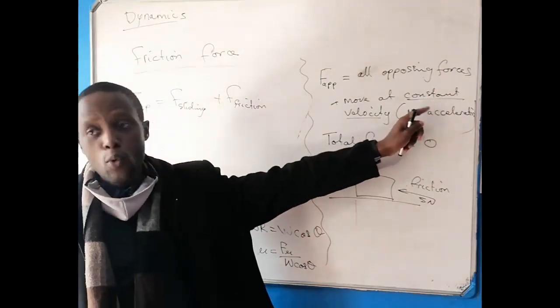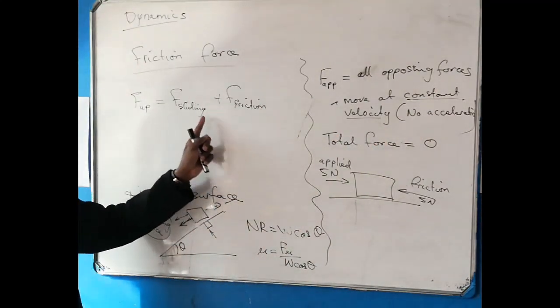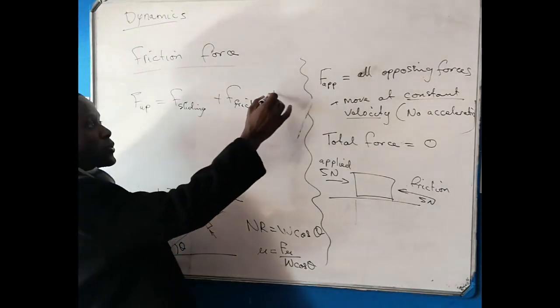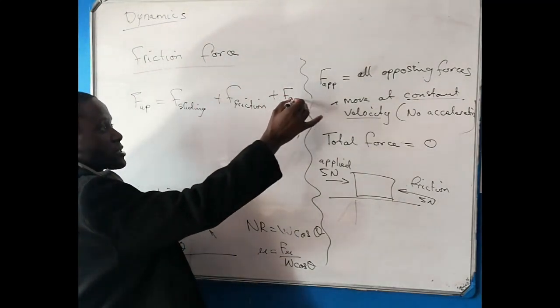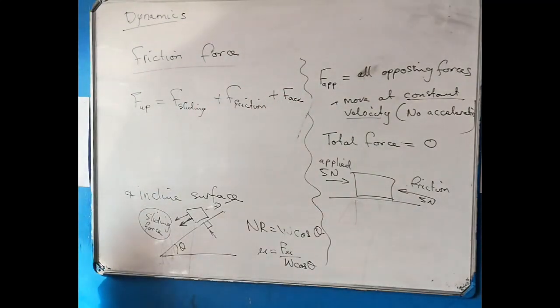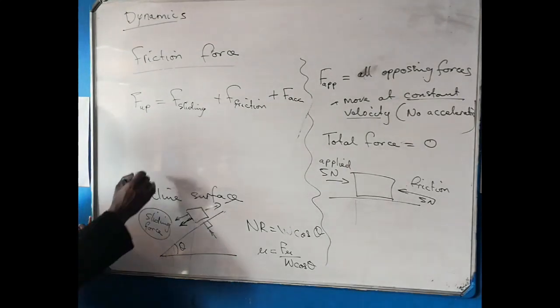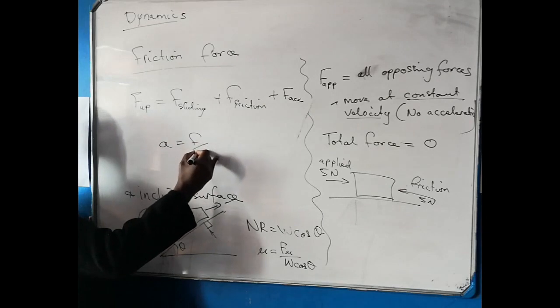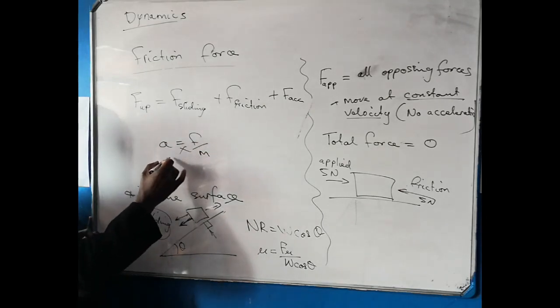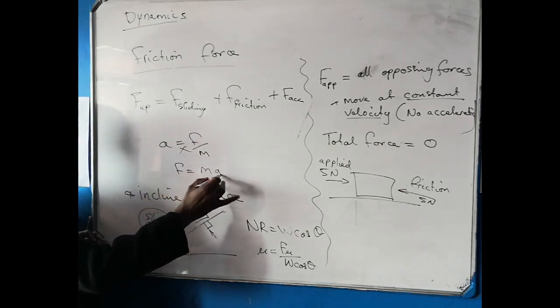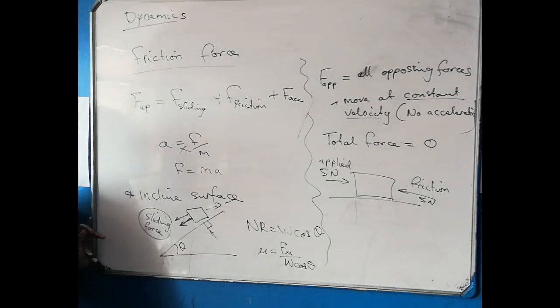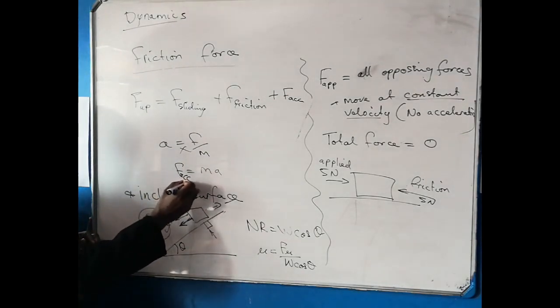The object will move at constant velocity, but if you want acceleration to take place as well, then you have to add your accelerating force. What is our accelerating force? Newton's second law. You cross multiply, force is equal to mass times what? The acceleration. Okay, this is your accelerating force.